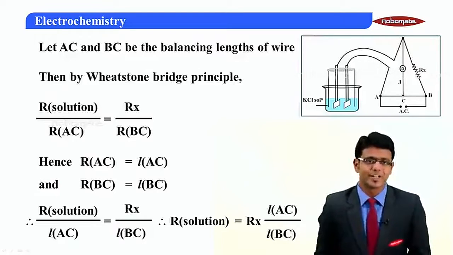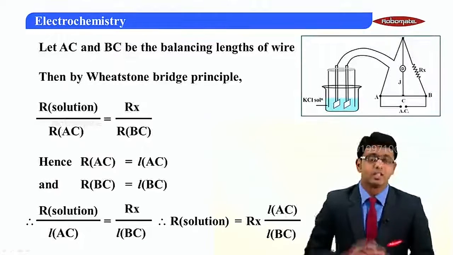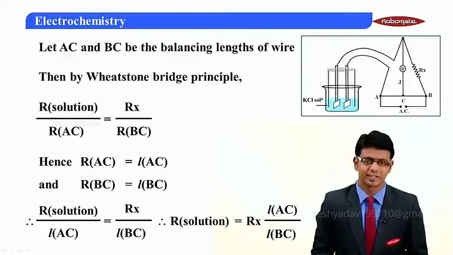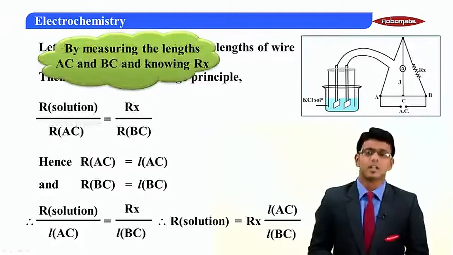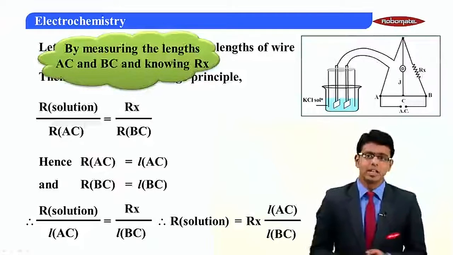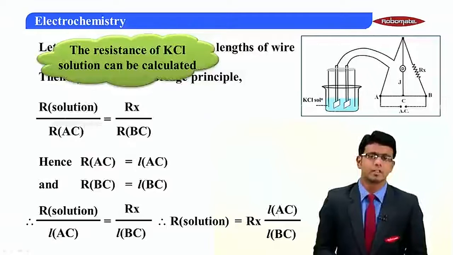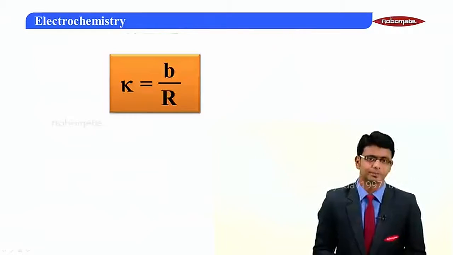Through this particular equation, we can determine the resistance of a solution, and here we are using a KCl solution. Now by measuring the lengths of AC and BC, and obviously the known values of Rx, we can determine the resistance of a solution.